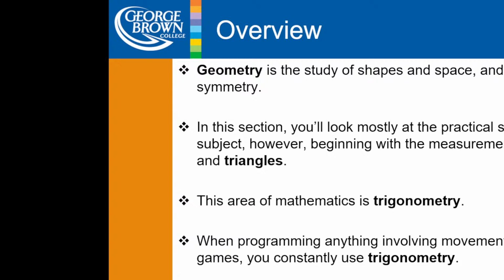There are other fundamental shapes as well. You could think about a rectangle as a fundamental shape, but really a rectangle is a couple of triangles put together. That's really what they are. So whenever we look at something, we want to look at the components of a shape, whatever that shape is, in order to calculate how to complete the shape, the angles within the shape, and so on.